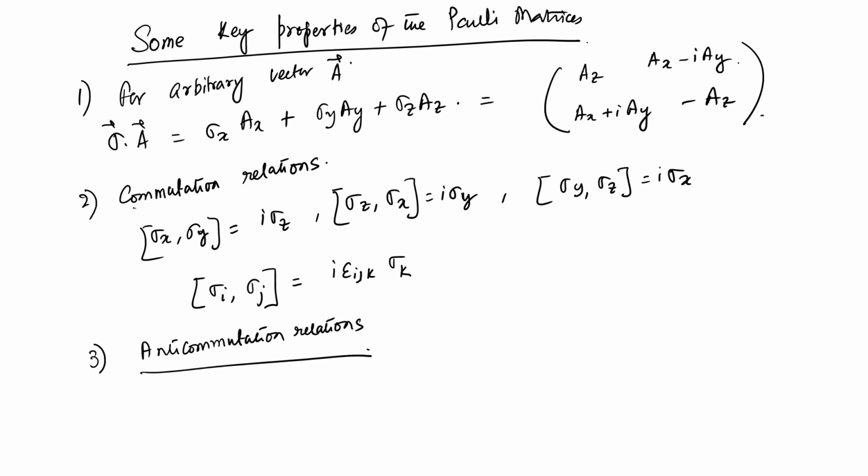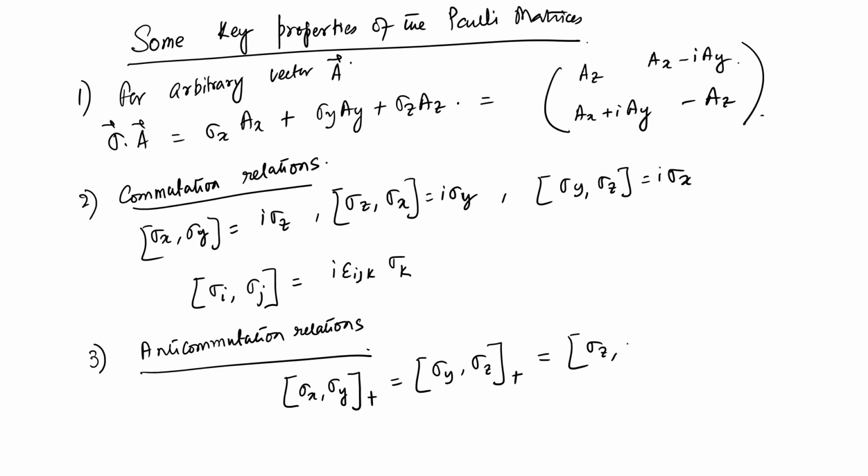And these anti-commutation relations are written as sigma x, sigma y with a plus sign, equal to sigma y, sigma z with a plus sign, equal to sigma z, sigma x with a plus sign. This is equal to 0. Okay. So, the anti-commutation of a pair of them is always equal to 0.